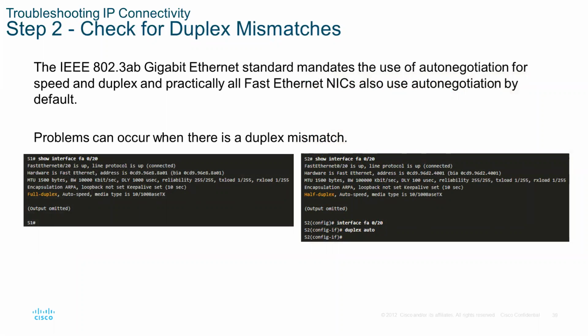Next, have a look to see whether our speed and duplex settings match up, because one that's set to full duplex and one set to half duplex will not talk to each other.